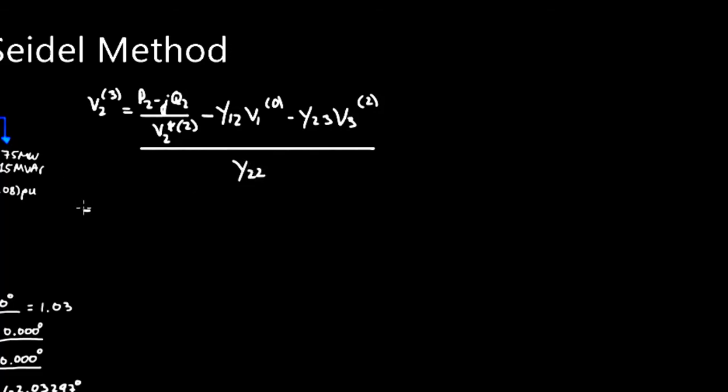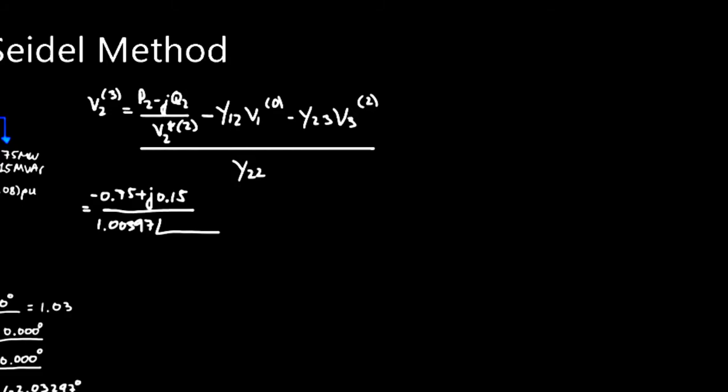So let's go ahead and plug in the numbers. We would get that this is equal to minus 0.75 plus J 0.15 over the conjugate of V2 of 2. So we calculated V2 of 2 over here. It's this number over here, 1.00397, and I take the conjugate of that.